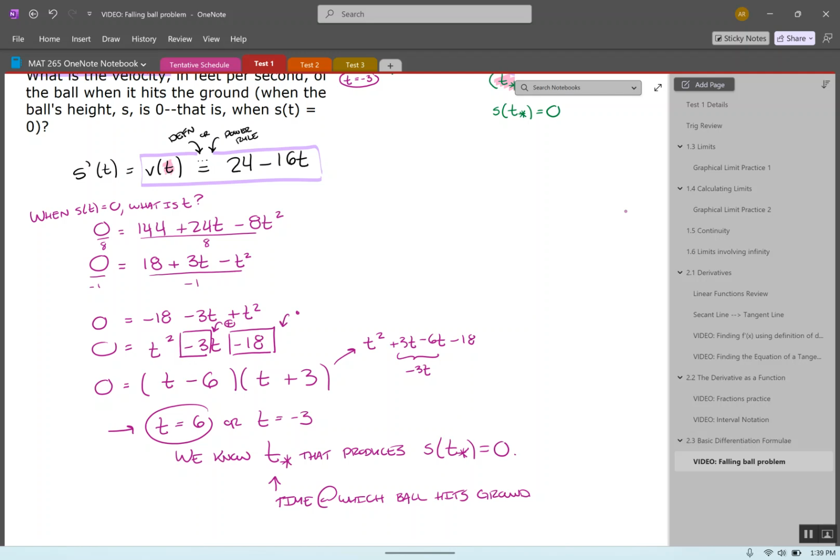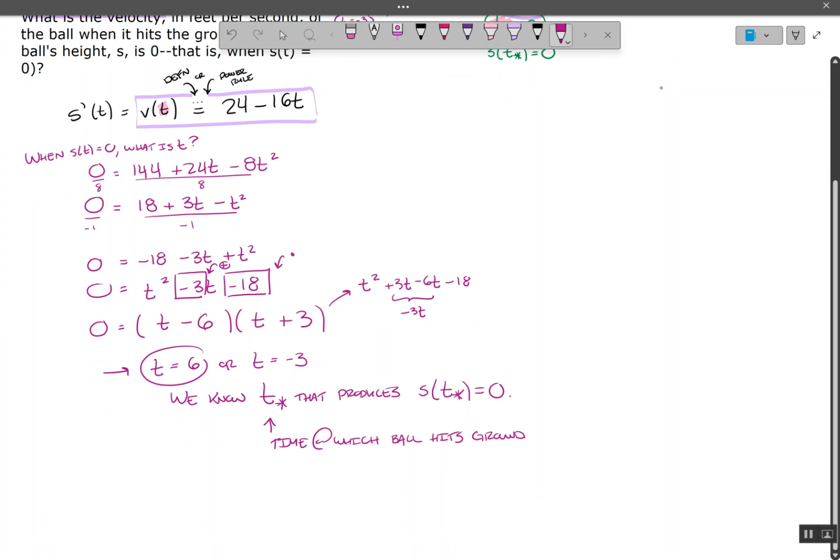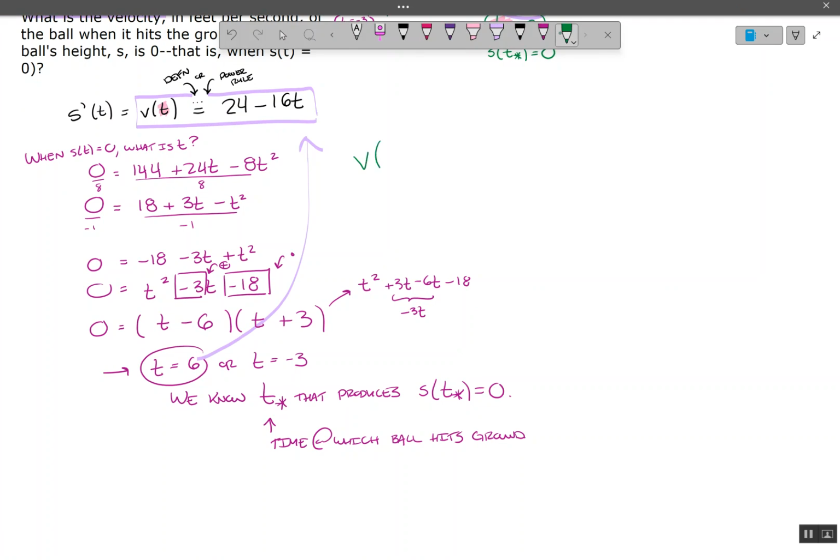So now we can put this into my velocity function. So v of 6 is 24 minus 16 t. I'm going to show you a little trick for this multiplication here. So 16 is 10 and 6. 10 times 6 is 60. 6 times 6 is 36.